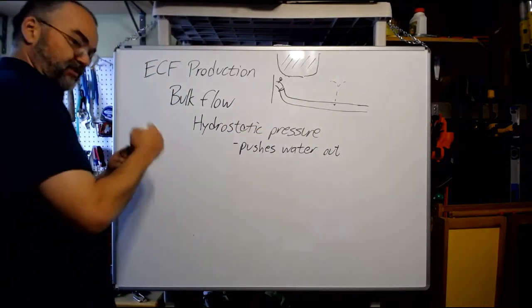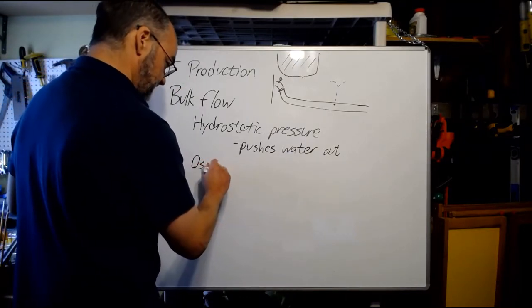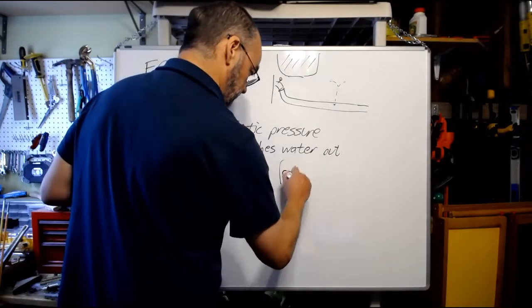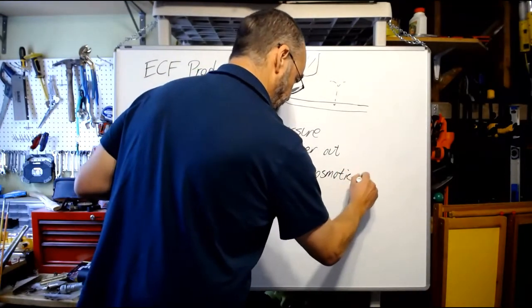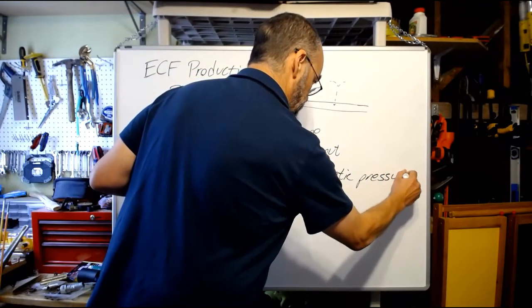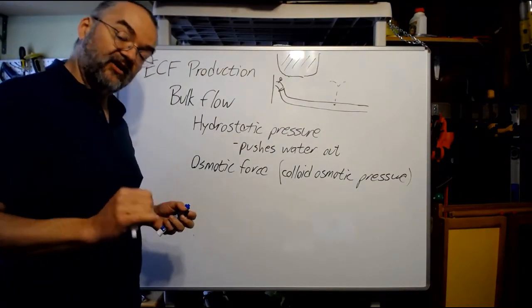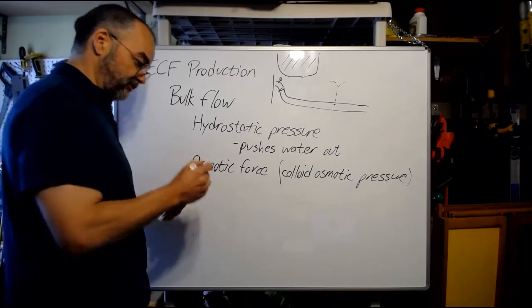The other force that can act on water in capillaries is osmotic force, sometimes also known as colloid osmotic pressure. This pressure comes from the fact that there's a higher concentration of proteins in the blood plasma than in the extracellular fluid.